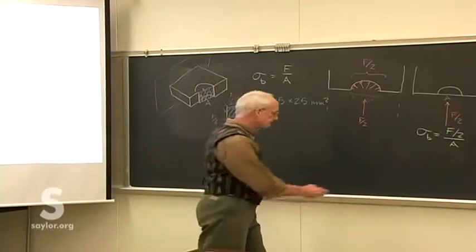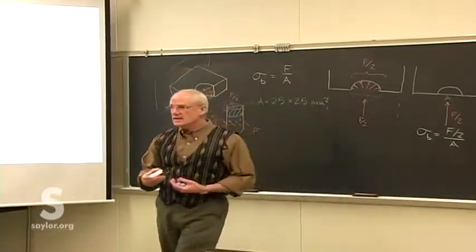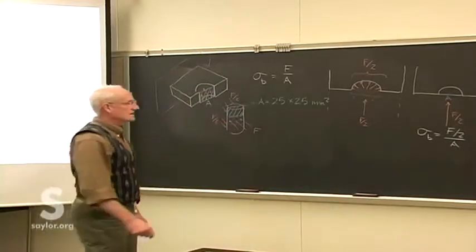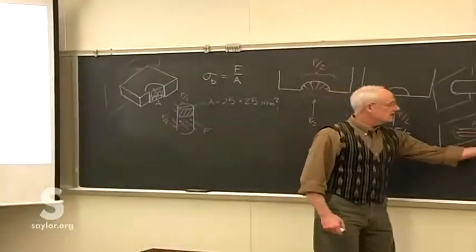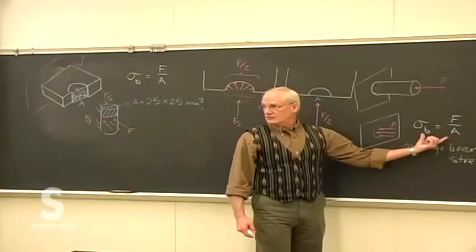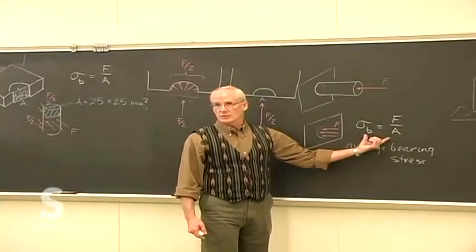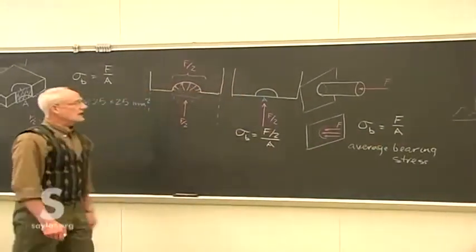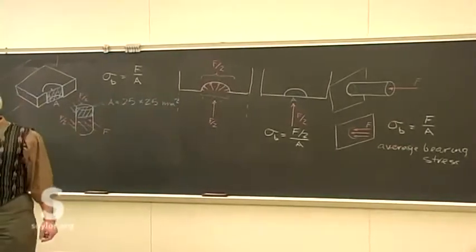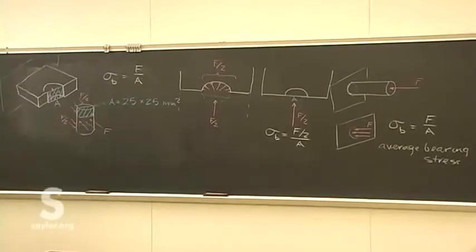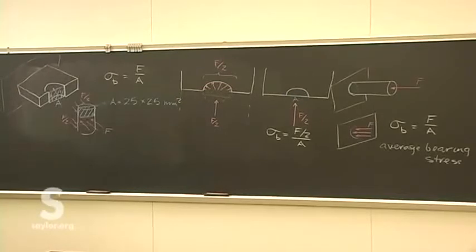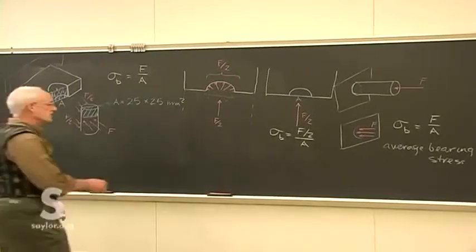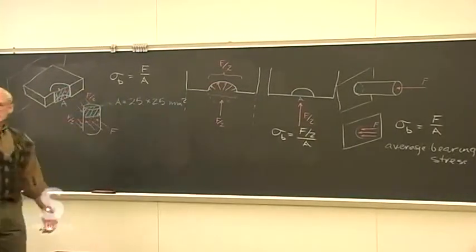The reason we can sort of gloss over this as we need to is generally these stresses are not the sources of the catastrophic failure we're worried about. It's much more likely that these structures are going to fail either in normal stress failure or shear stress failure or some combination of the two.